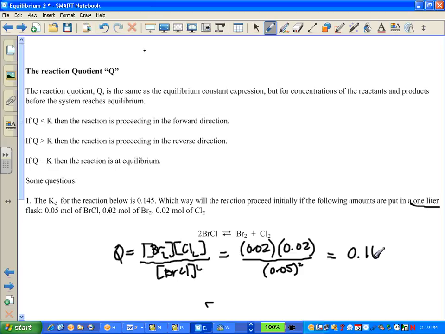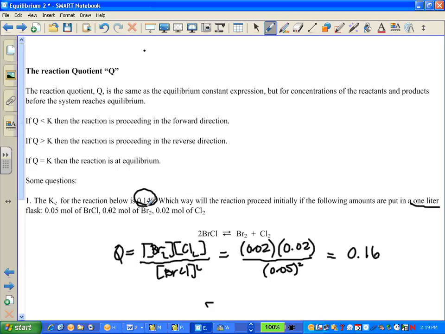When we compute this, we find that we get 0.16. By comparing this value to the equilibrium constant, which is 0.145, we can see that they're not the same. If this were a system at equilibrium, the value for Q would be 0.145, because at equilibrium, the ratio of reactants and products is equal to 0.145.